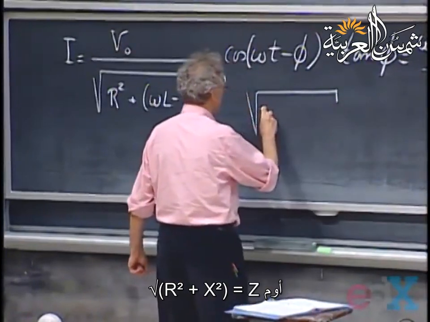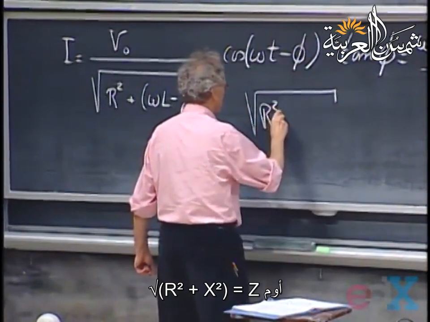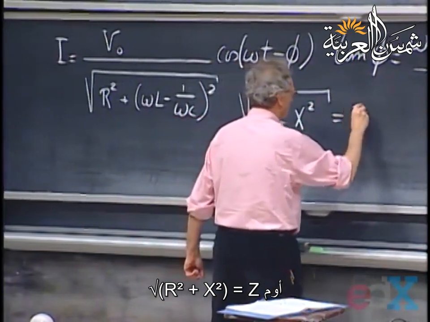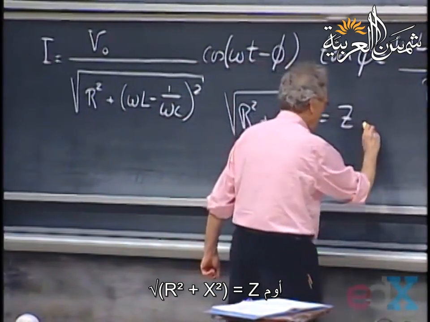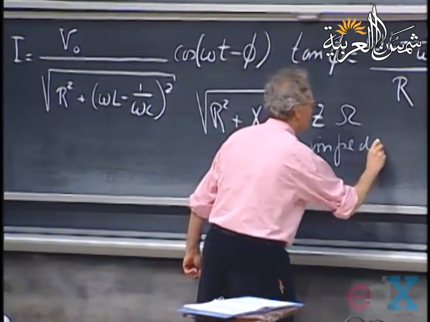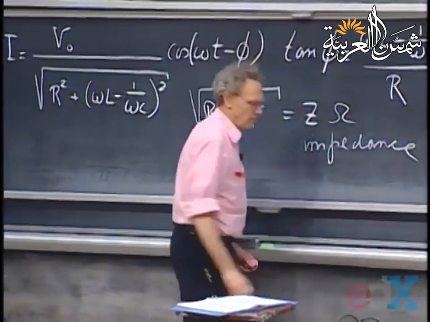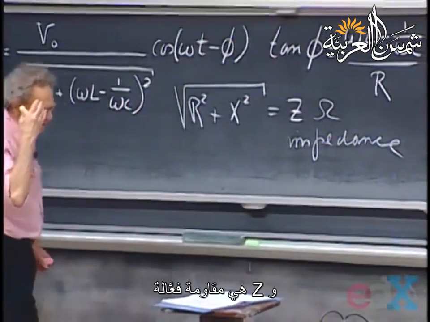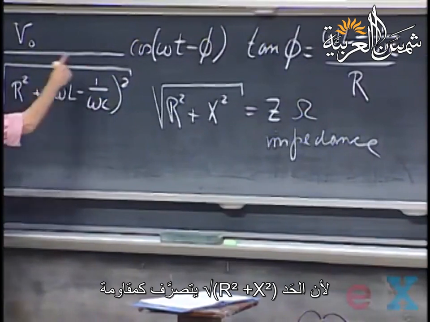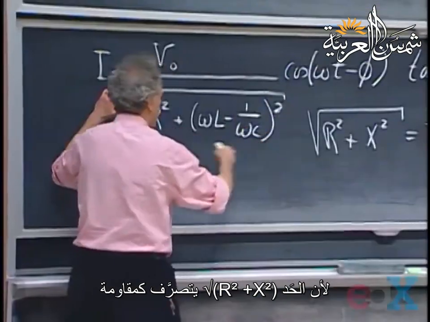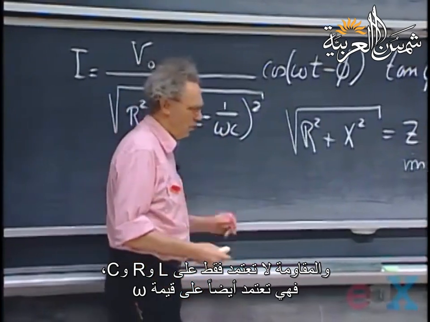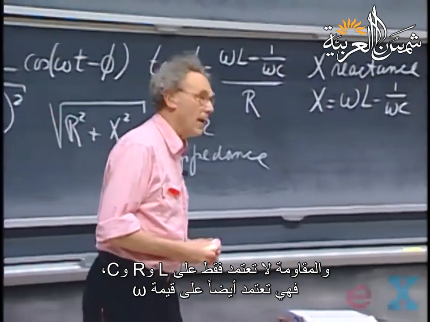So the square root of R squared plus that X squared equals Z. That also has units of ohm. And so Z is an effective resistance, because this whole thing behaves like a resistance. But the resistance depends not only on R, L, and C, but also on the value of omega.